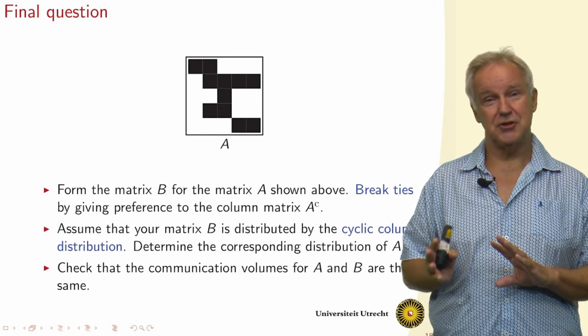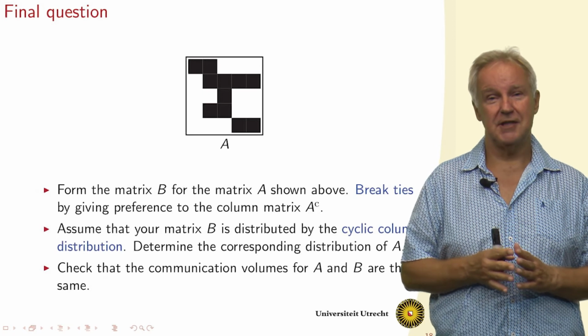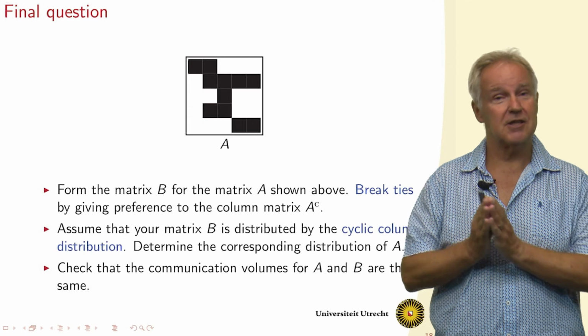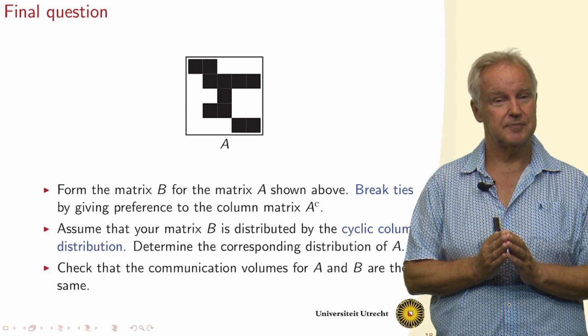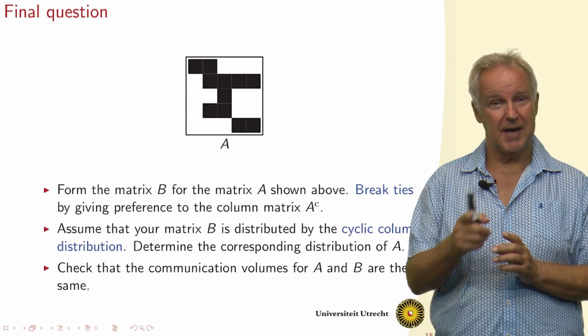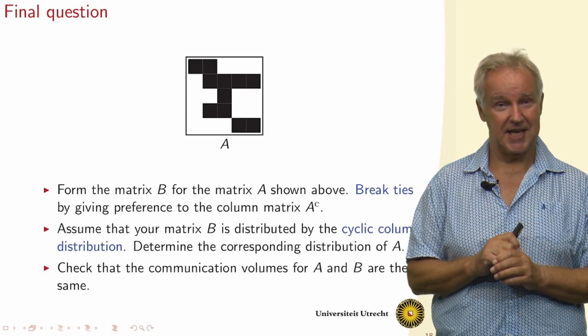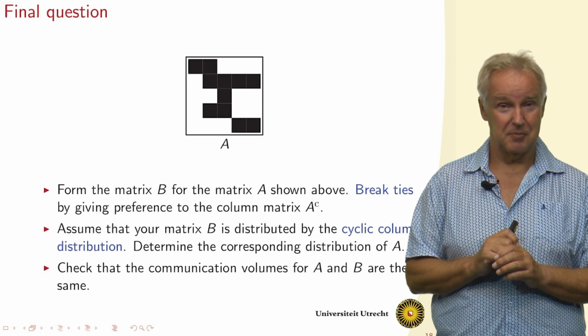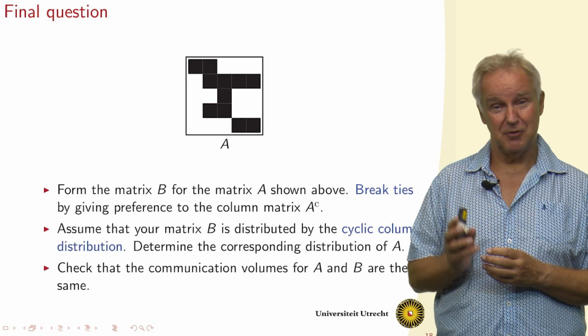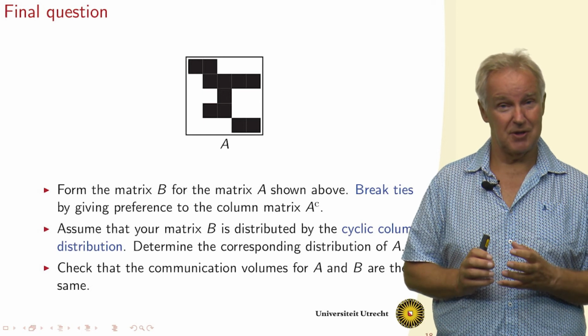And then, once you've formed B, assume that you're prescribed that it has to be distributed by the cyclic column distribution. Translate the result then back to a distribution of the matrix A. And then please verify that indeed the communication volume for A is the same as the volume for B.